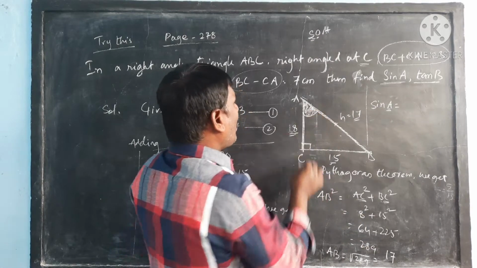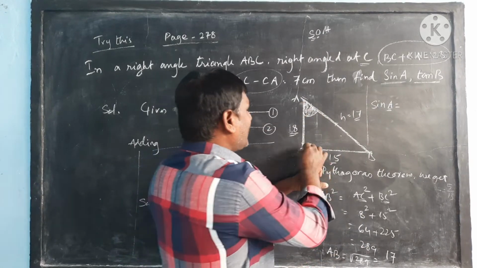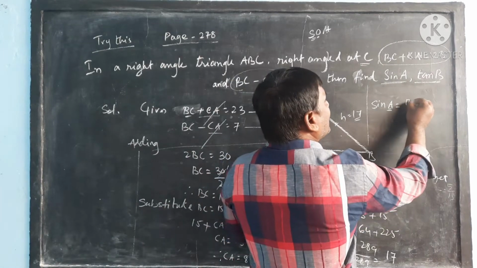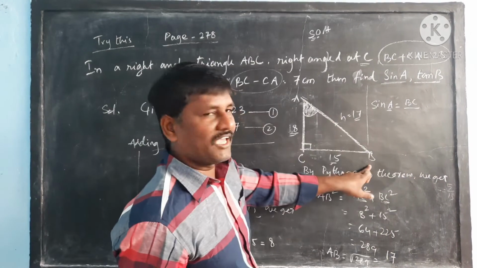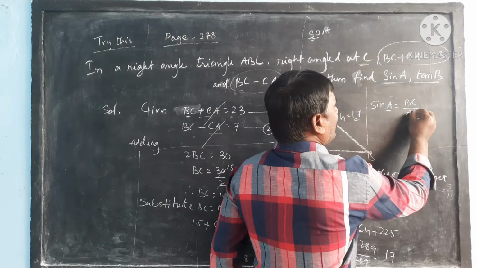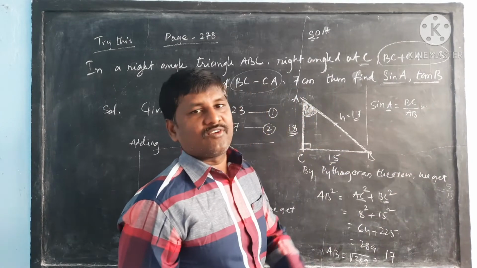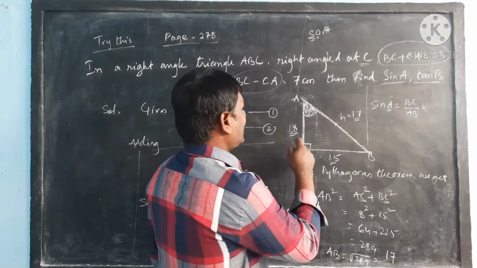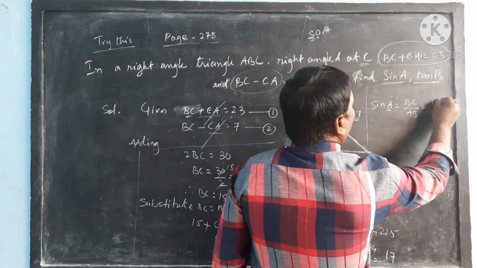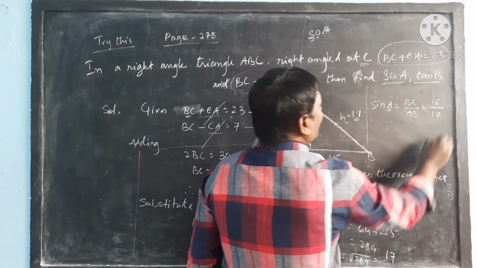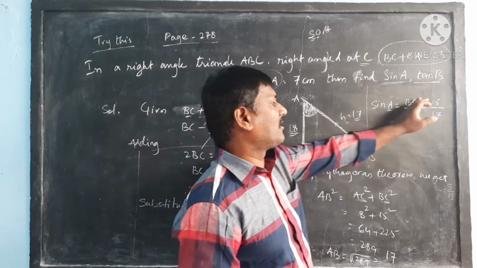So what is the opposite side to A? That is BC. By hypotenuse AB. Now substitute the values of BC and AB. BC is equal to 15, AB is equal to 17. Therefore, sin A is equal to 15 by 17.